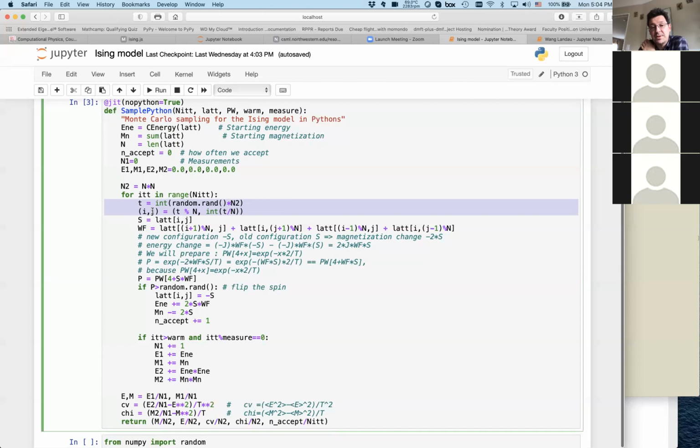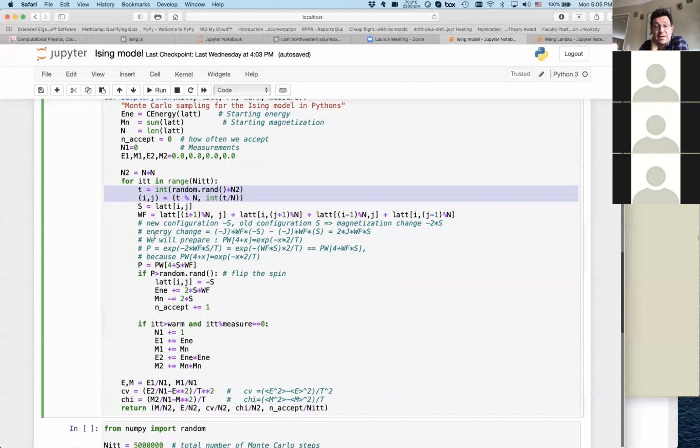In this case we do this by generating one random number of the size n square, then we take the modulus and divide by n. We could just as well select this lattice site i and j independently with two random numbers between 0 and n, rather than from one random number between 0 and n square. But the point is we have now randomly selected a site which we want to flip.